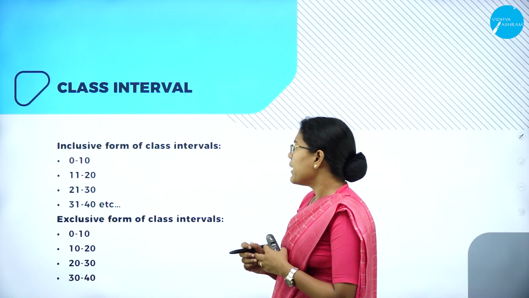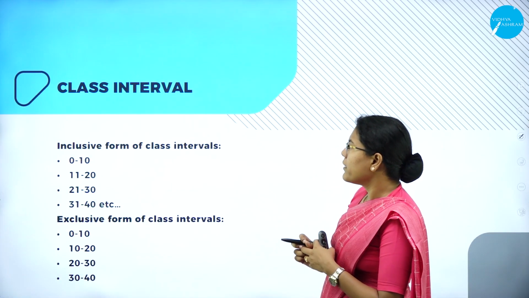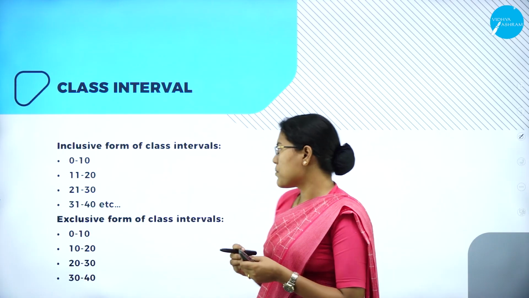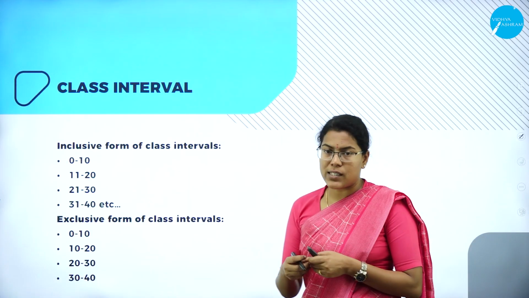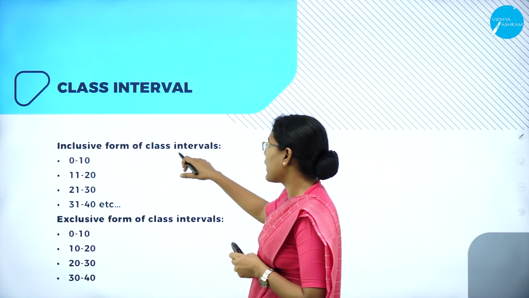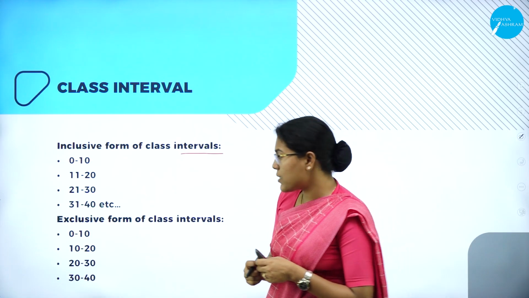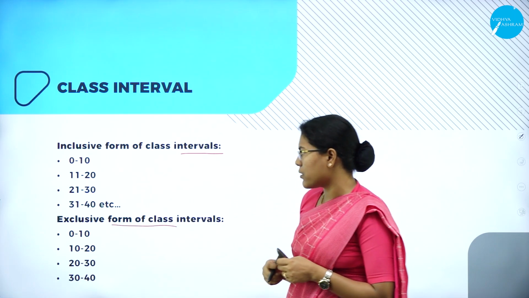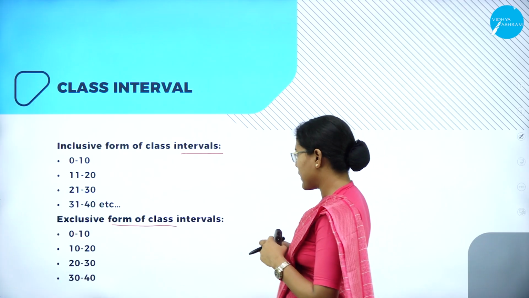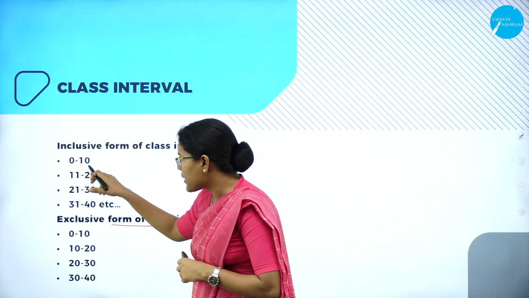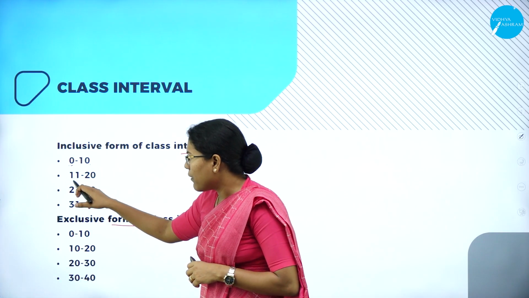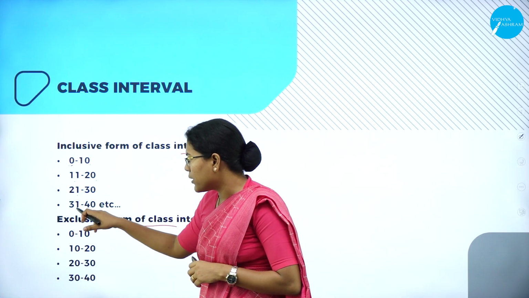When we prepare the class interval, 2 types of class intervals can be prepared. One is the inclusive form of class intervals. The next one is the exclusive form of class interval. In the inclusive form, both the numbers are in a certain class, say for example 0 to 10, 11 to 20, 21 to 30, 31 to 40.